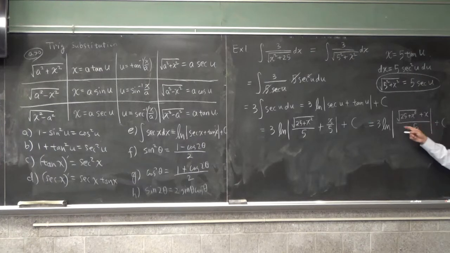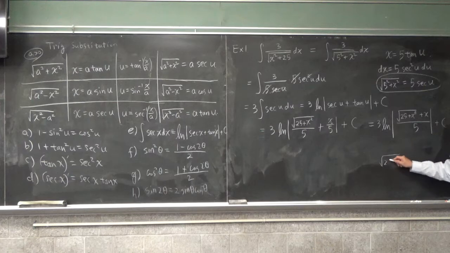But wait, that's a division inside the log, right? Division inside the log can be changed into a subtraction of two logs, right? And by the way, you can also see that this will never be less than 0, because the square root is bigger than just the absolute value of x.